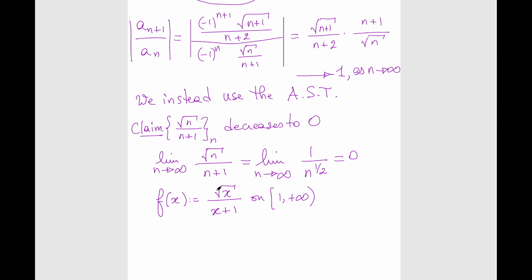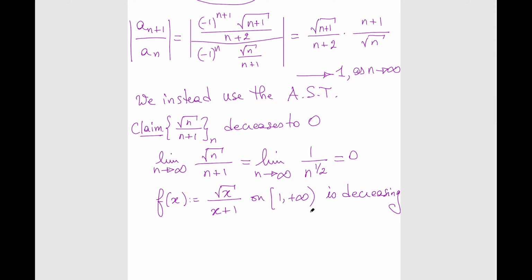And as such, f(n), if n is an integer, is going to be this term, square root of n divided by n+1. So show that this is a decreasing function, and realize that those terms are outputs of this function f. And since f is decreasing, those terms also must be decreasing, and hence the sequence. Okay, so left as an exercise, and this is going to be decreasing.